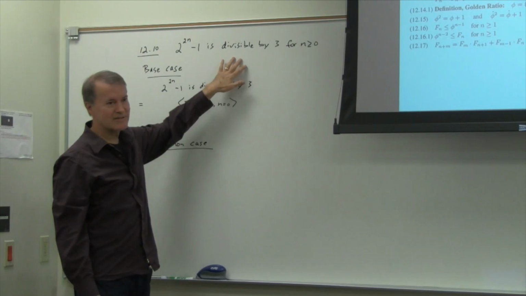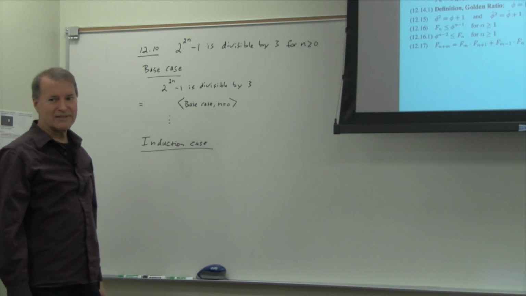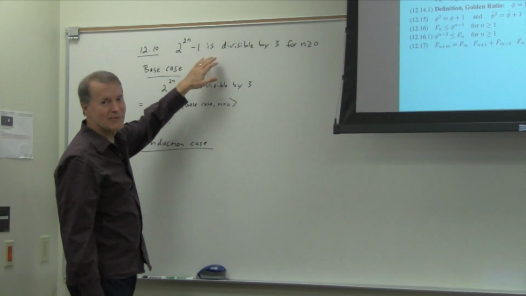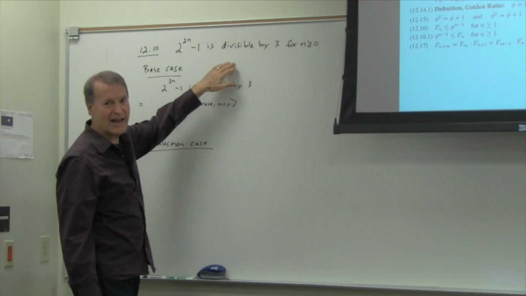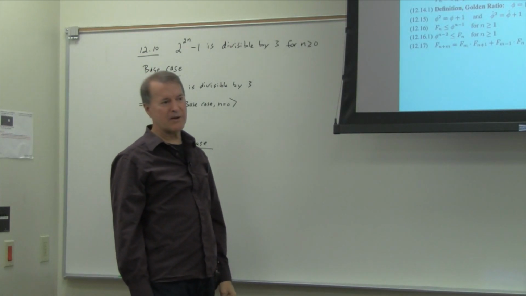Using, or assuming that 2 to the 2n minus 1 is divisible by 3 as the inductive hypothesis.